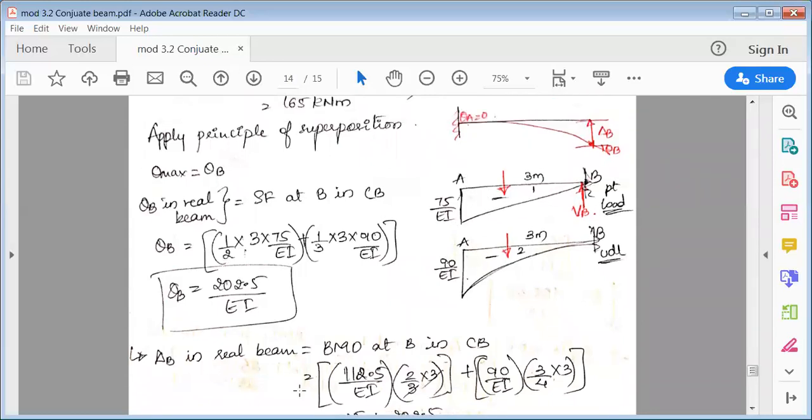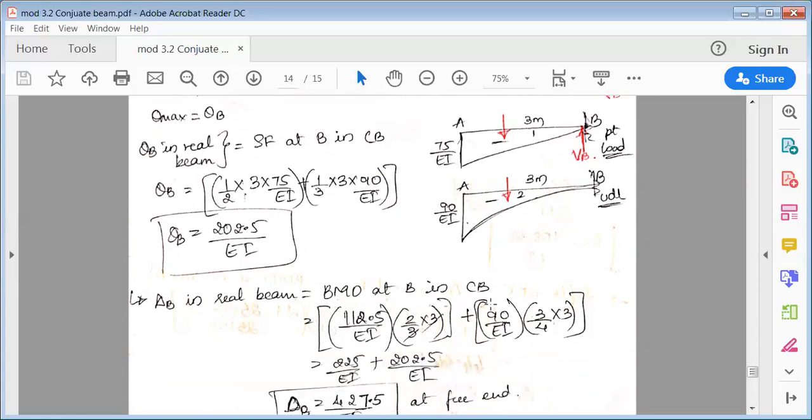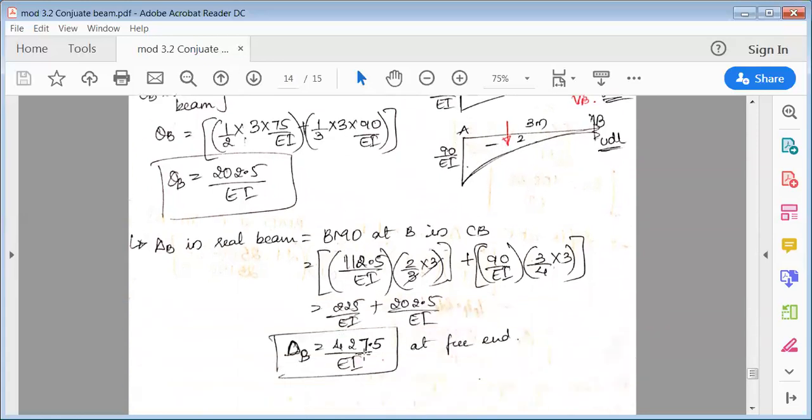You have already calculated the areas. The area of the triangle into its CG distance with respect to B: the CG of a triangle measured from the apex is 2/3 of the base. Plus the area of the parabola, which is 90, into its CG distance with respect to B, again measured from the apex, which is 3/4 of the base. Solve this and you'll get delta B.